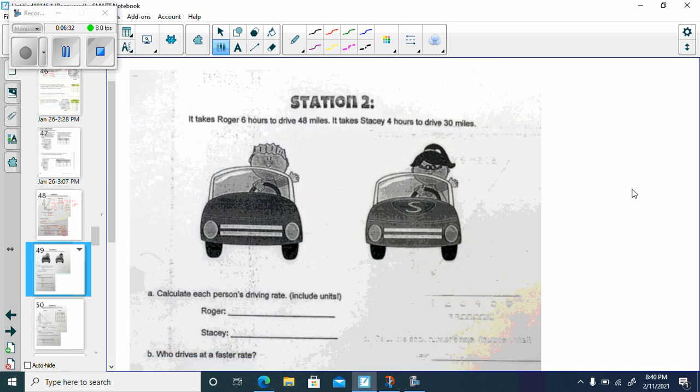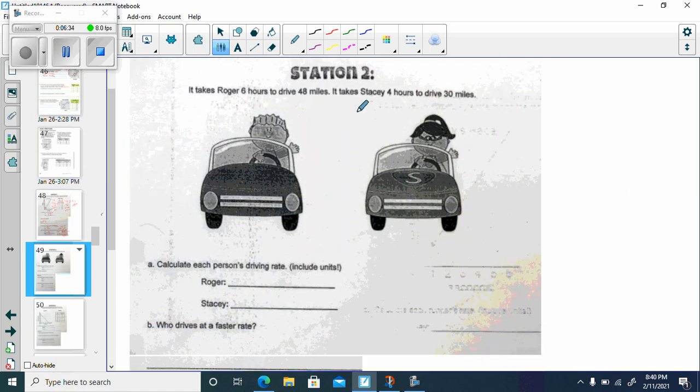Second problem, it takes Roger 6 hours to drive 48 miles. It takes Stacy 4 hours to drive 30 miles. Calculate each person's driving rate. Here's Roger. Here's Stacy. Roger, 6 hours to drive 48 miles.